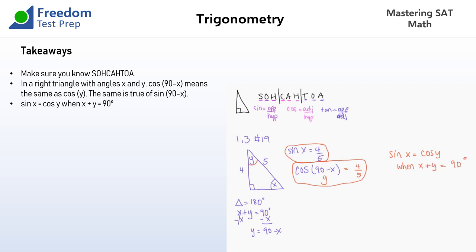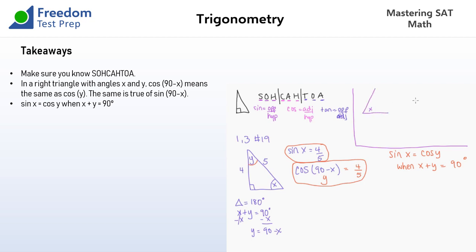Now I want to give you some other circumstances in which this could be true, because it's obviously true in a right triangle. But it could also be that, instead of one triangle, they split up the angles.